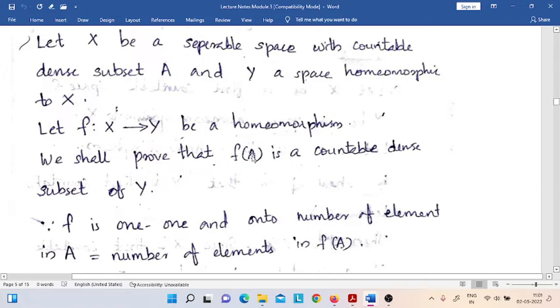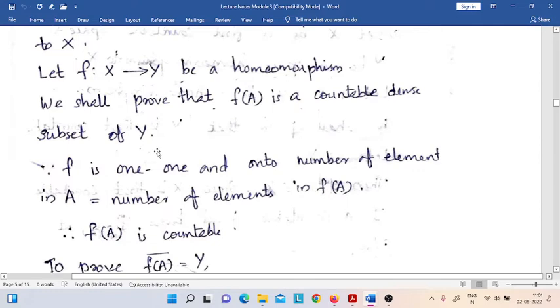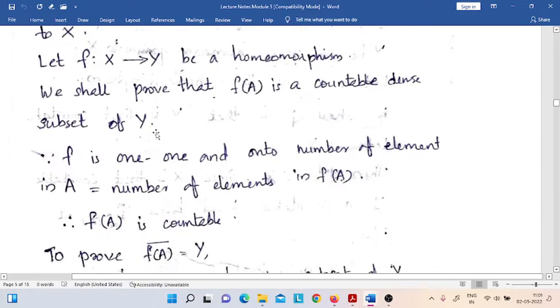There is a possibility that f(A) is the image of the countable dense subset of X. That is, A is the countable dense subset in X, and then its image f(A) is taken. So there is a possibility that f(A) can be a countable dense subset of Y. We are now proceeding to verify this, whether f(A) is a countable dense subset of Y.